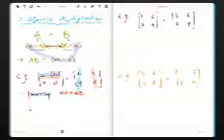So then I'm going to go row 2, C D, times column 1, W Y. So I have CW plus DY, which is my green one.